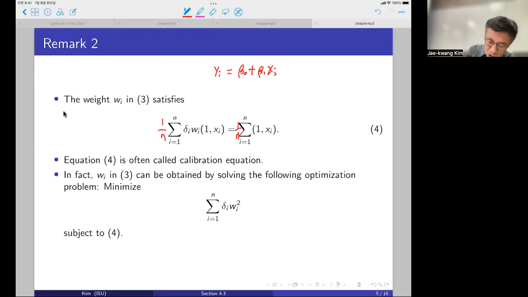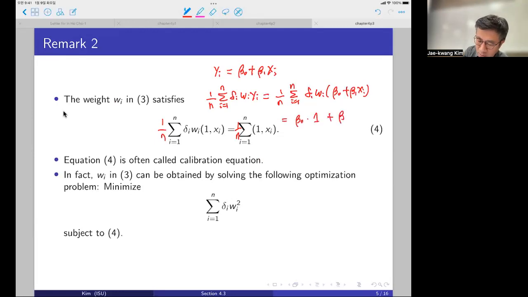That means your weighted estimator is actually equal to something times 1 plus beta 1 times x bar. So that means u is exactly equal to 1 over x.